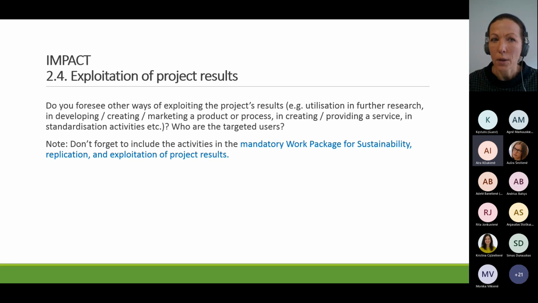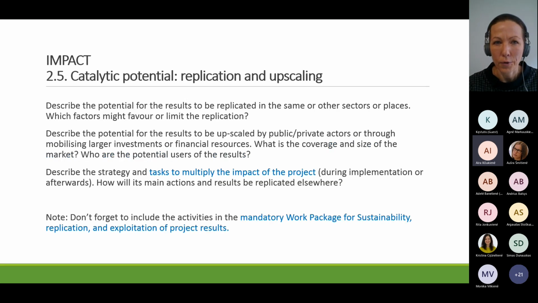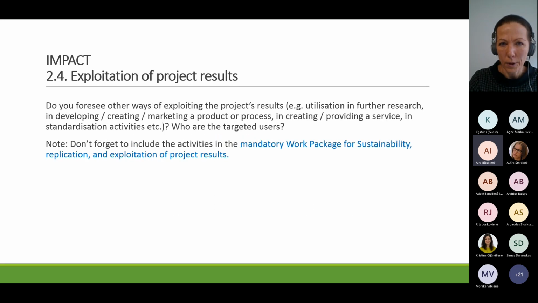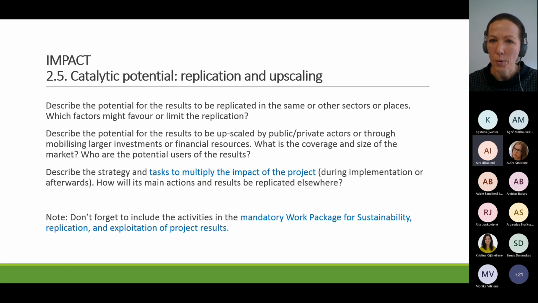This is nothing new, just a different heading nowadays, but still an important section also for evaluation of the project. Then they say again catalytic potential, replication and upscaling, where you again more or less talk about the same issue. And that just tells us this is important.